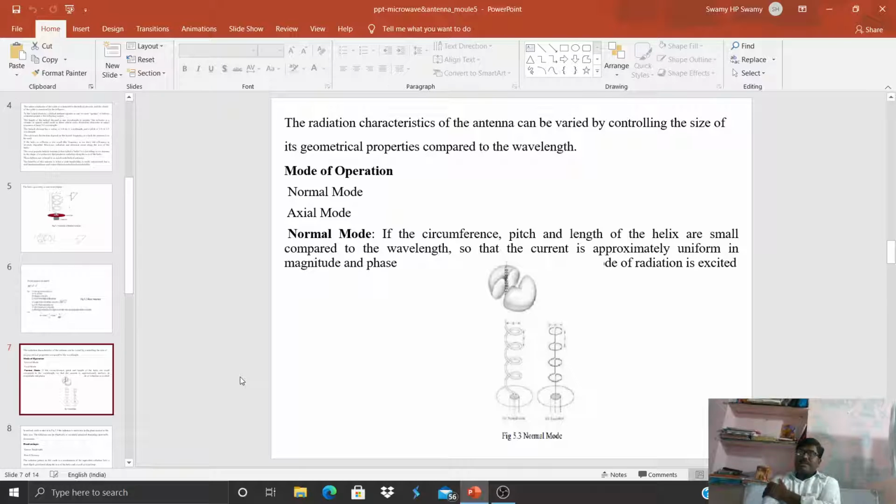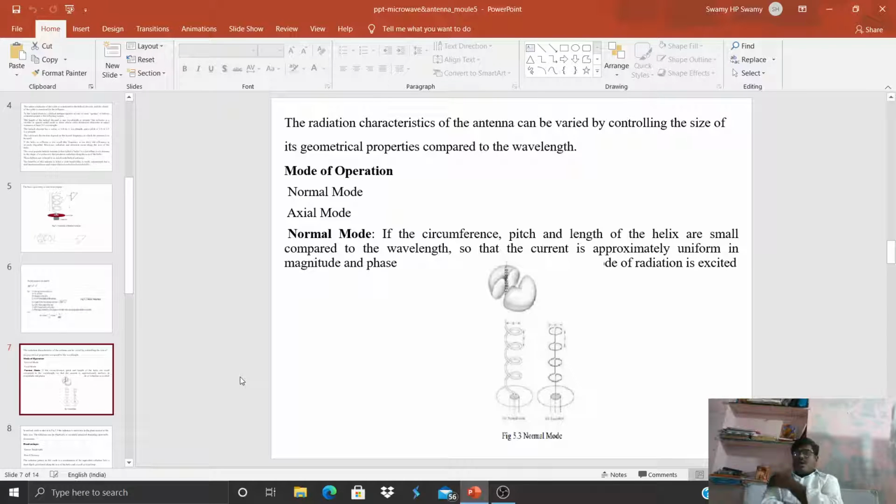What are the parameters, how it is constructed, what are the different parts, how it is connected to the rigid surface, what is the length, what is the space between each turn, what is the diameter of each turn, what is the thickness of the wire. All these parameters we have studied.